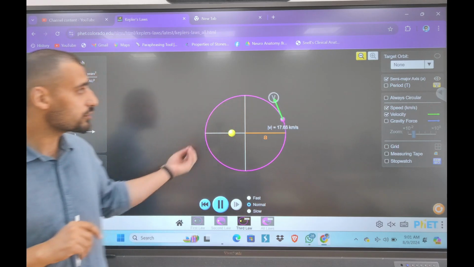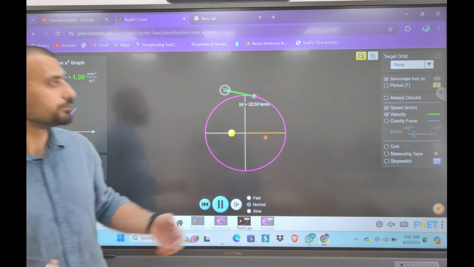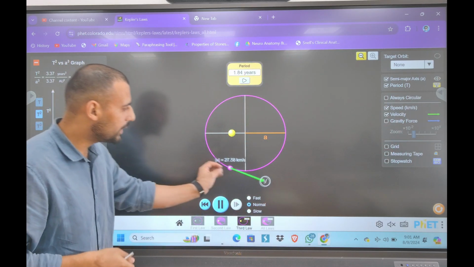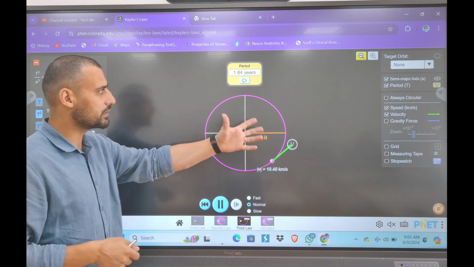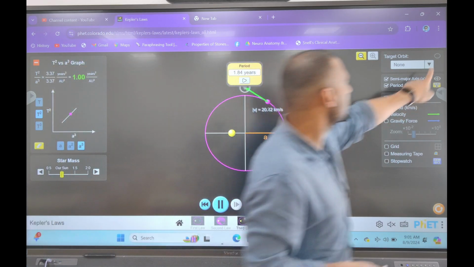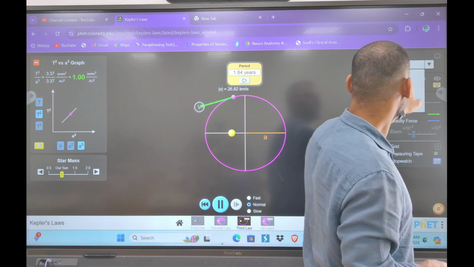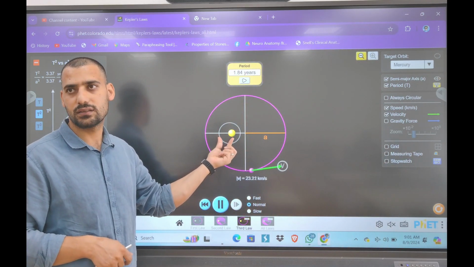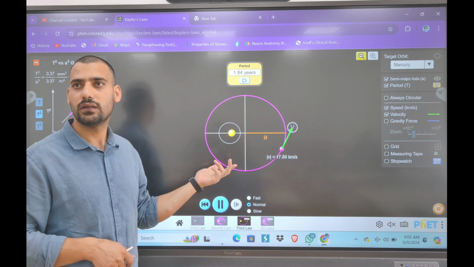So, as per this law, this is how we come up with the concept that, see, here the planet is at some average distance, and the time period of this planet is 1.84 years. Now, if I change the planet, if I talk about Mercury, the distance of Mercury is very less, right? The time period will also be less.